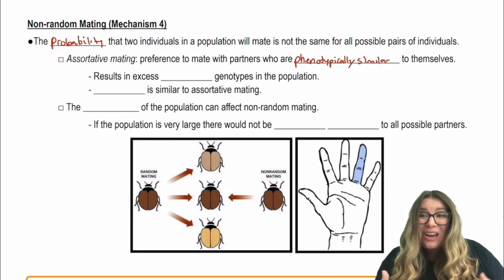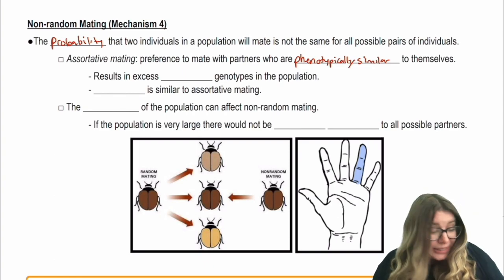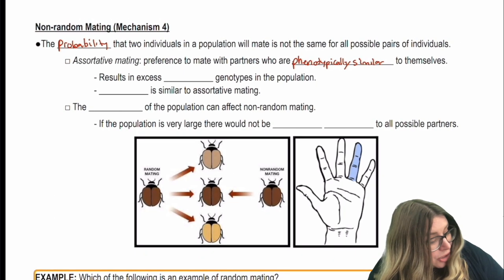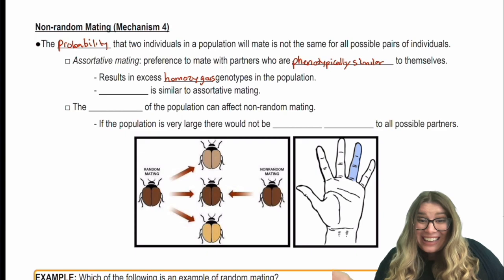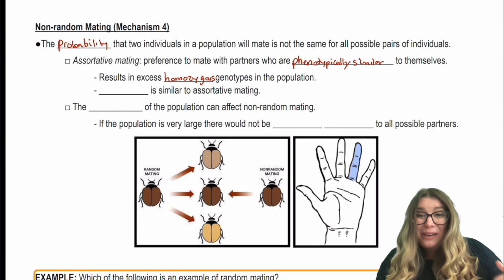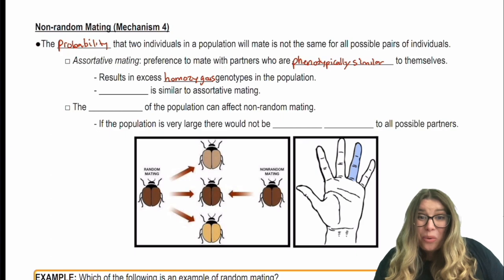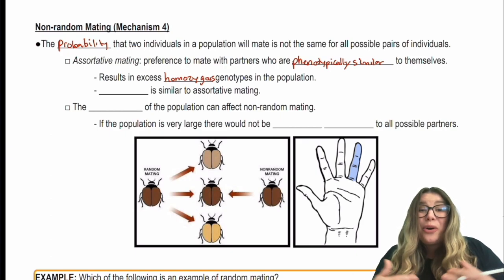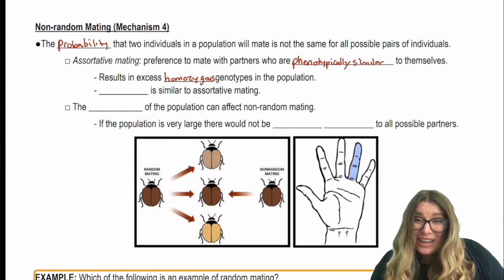Their phenotypes are similar. Usually this type of mating results in excess homozygous genotypes in the population. The reason is that if you prefer to mate with someone with a phenotype similar to yours, that results in more homozygous genotypes, where you have two copies of the same allele coded for in your genotype.